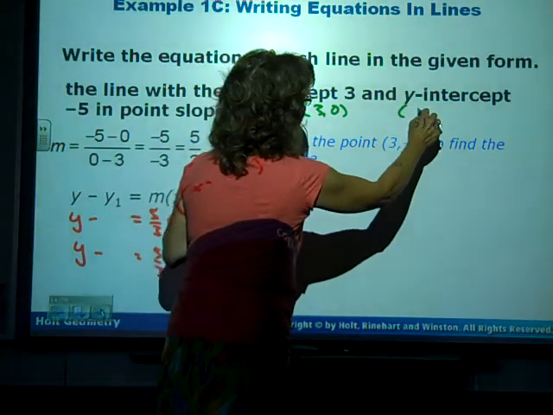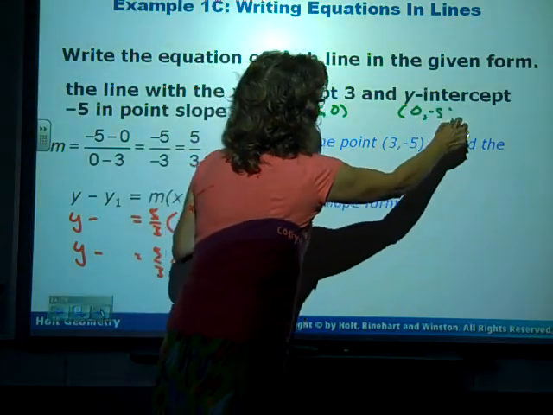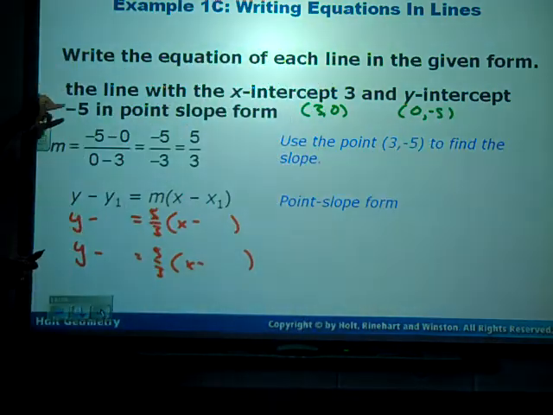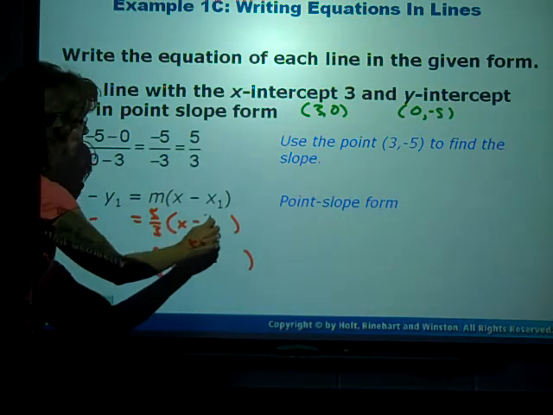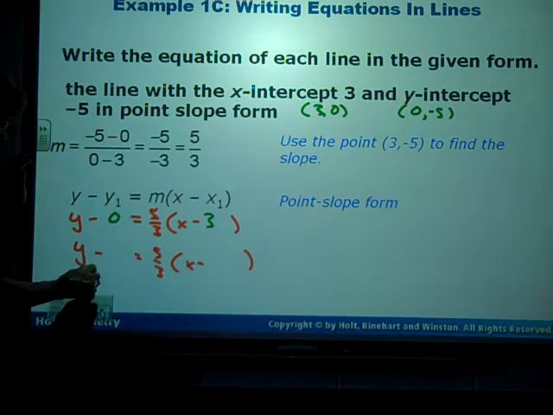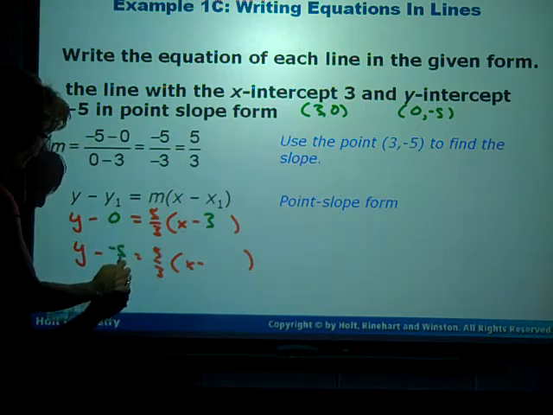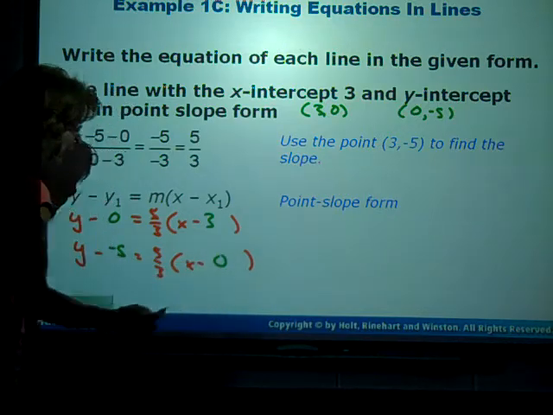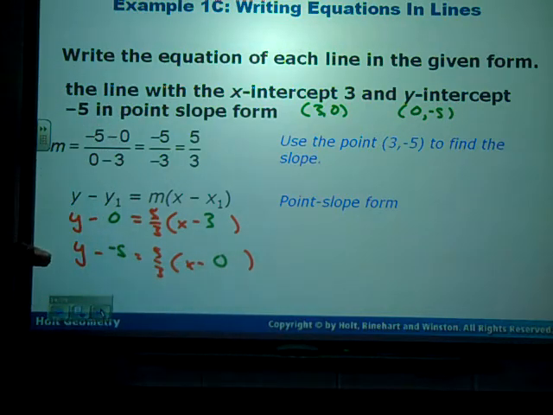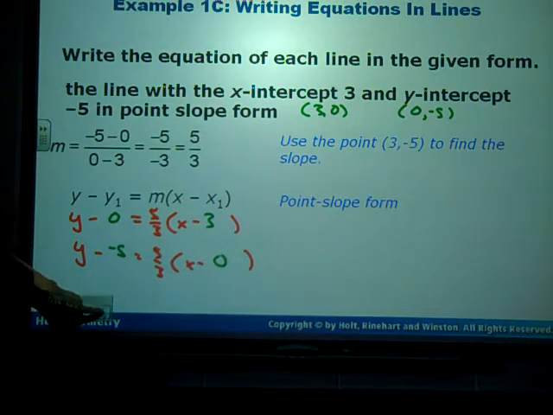The y-intercept is 0, negative 5. I can use either one of them in there in point-slope form. So I can put in 3 for x and 0 for y, or I can put in negative 5 for y and 0 for x. Both of these are correct answers. Use your favorite point. And point-slope form, so you're done at that point.